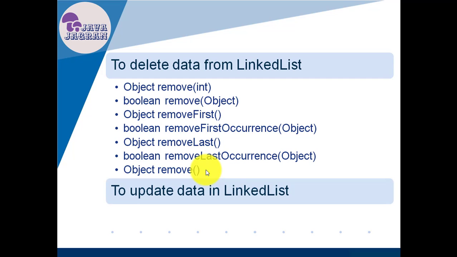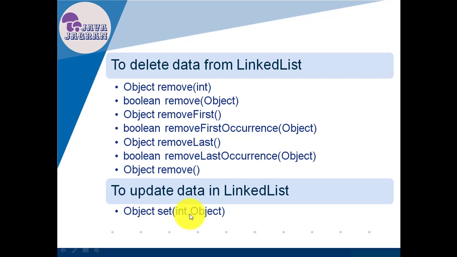The other one is updating the data. Some data is already there in the list, and at some index we want to just update our data. We don't want to add a new one, or remove the existing one. We just want to update the existing one. In that case we can use the method set.